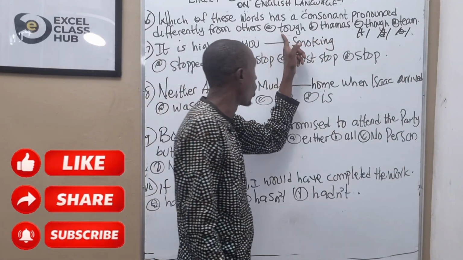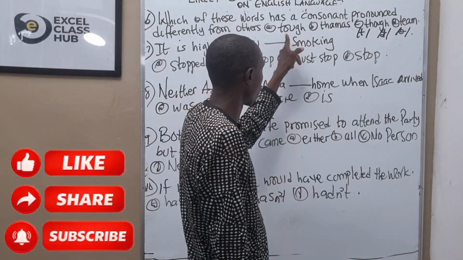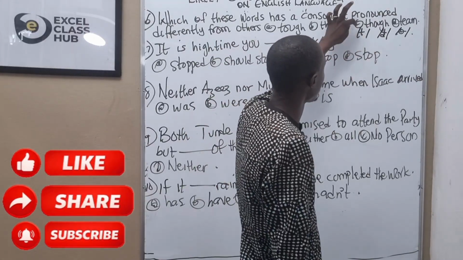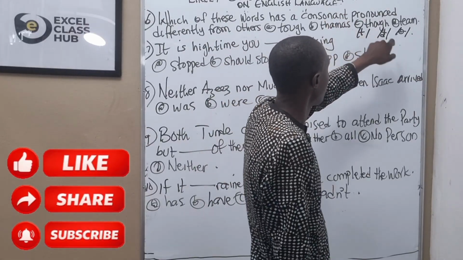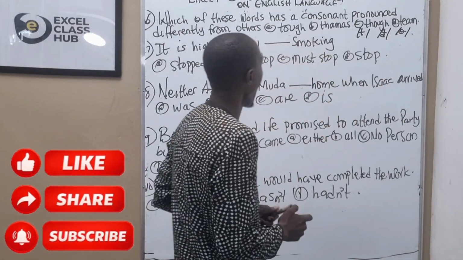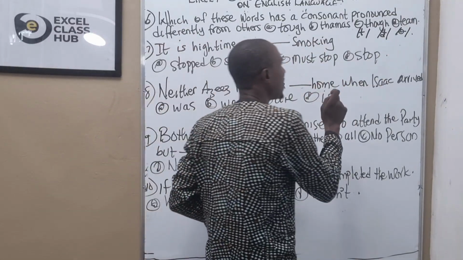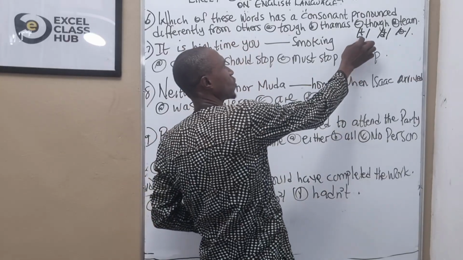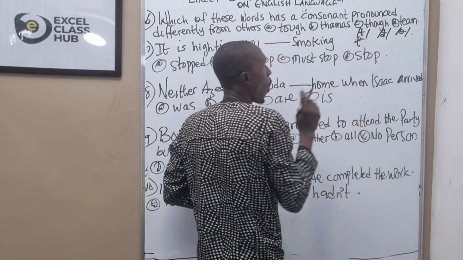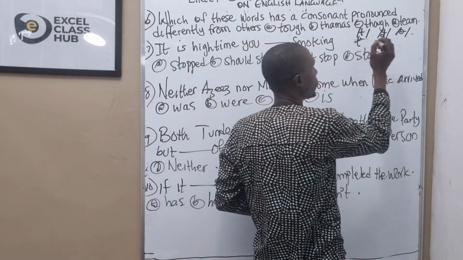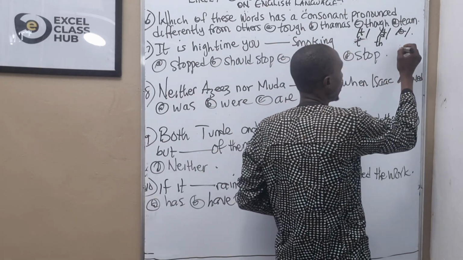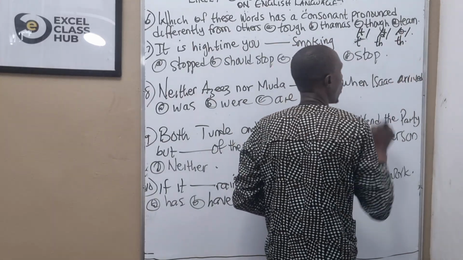In the first one, we have tough. In the second one, we have Thomas. In the third one, we have do. In the fourth option, we have thin. We are asked to identify if it is consonant T, which is alphabet T, or consonant TH, or consonant TH.